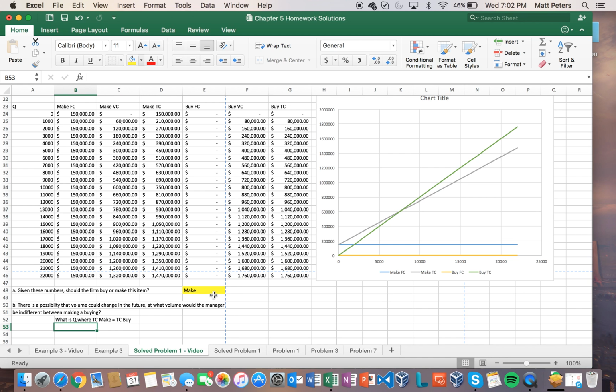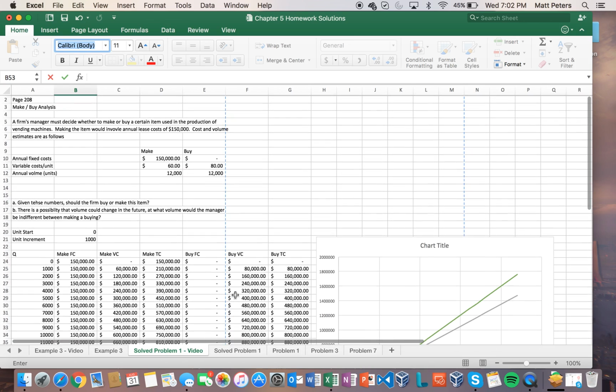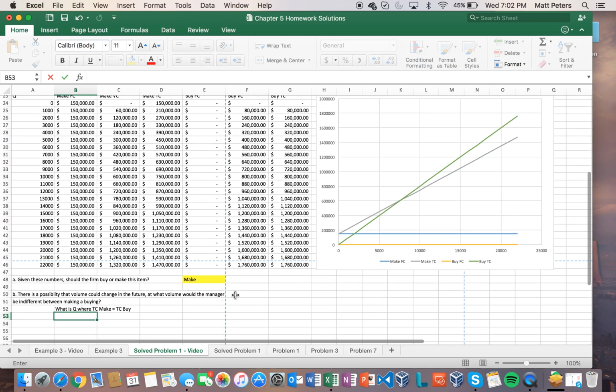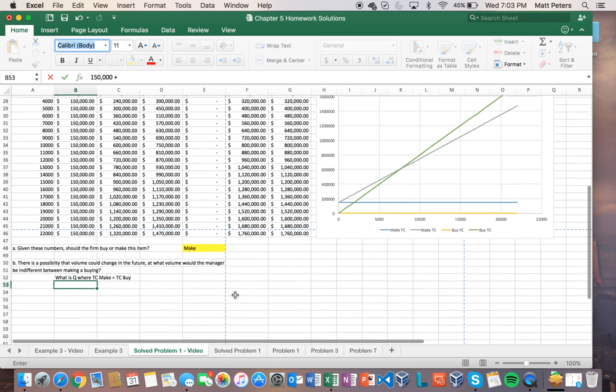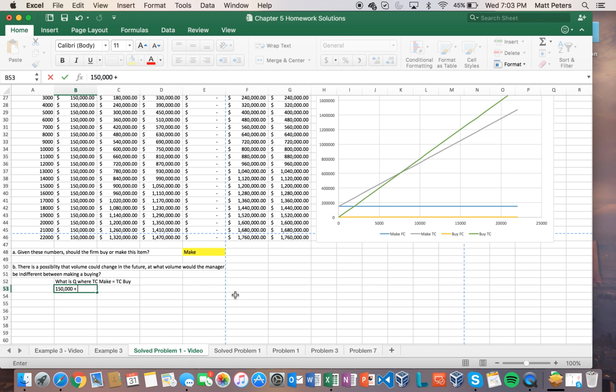So what is total cost of making it? Total cost of making it is our fixed cost plus our variable costs of making. So our fixed cost to make is 150,000 plus our variable cost of making, which is 60 times Q. 150,000 plus 60Q equals our total cost to buy.